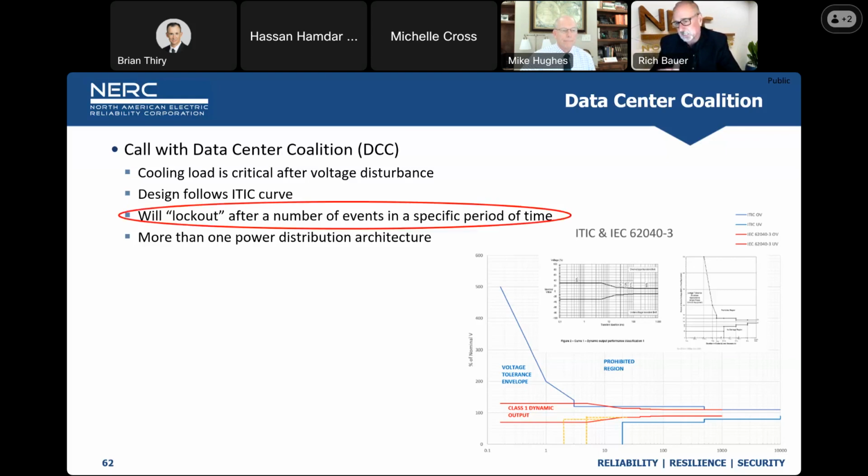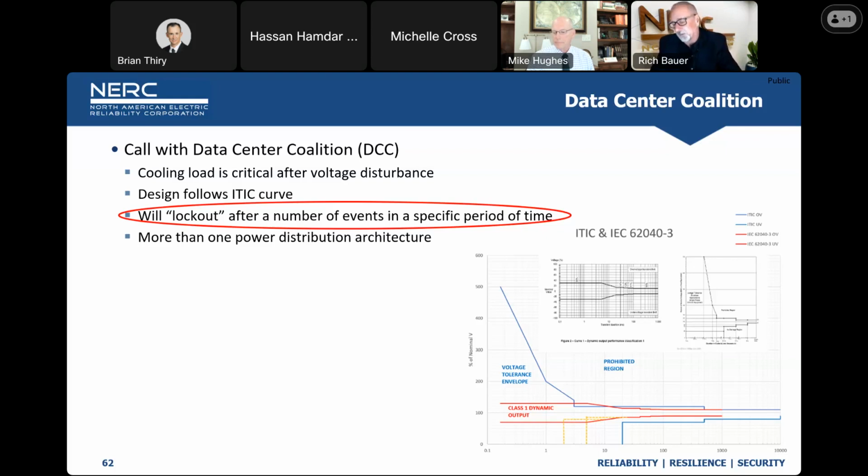But if we go to the next slide, Mike, the one thing that I think, at least for this event, the real gold nugget that we got out of that conversation with them is that one bullet item there that says they will lock out after a number of events in a specified period of time.